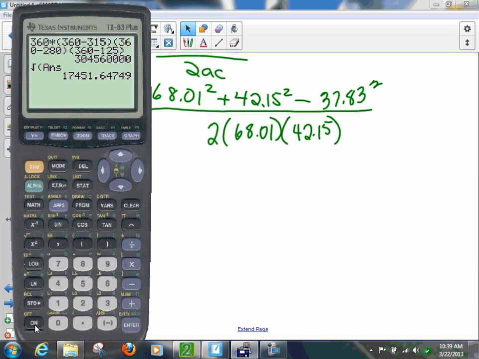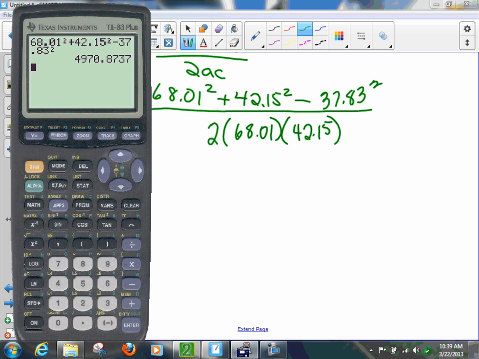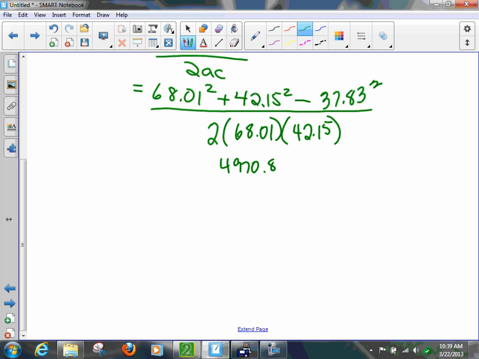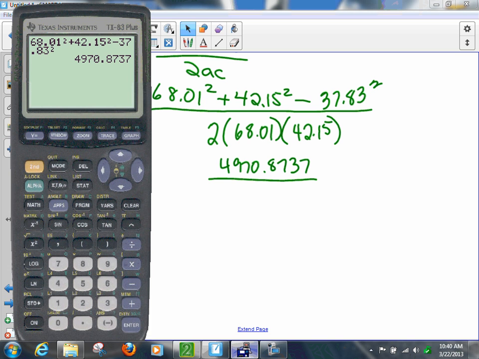All right, here we go. So I've got 68.01 squared plus 42.15 squared minus 37.83 squared. Now, I am going to write this number down for my notes, for your notes, okay? 49, 70, 87, 37.